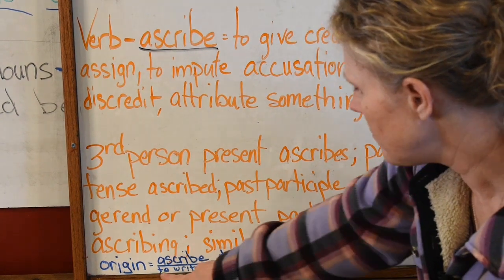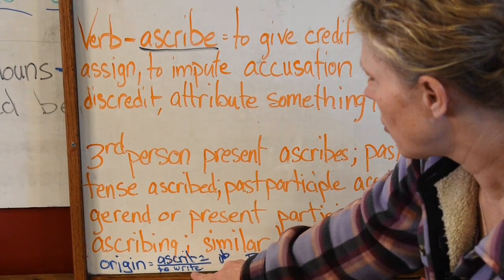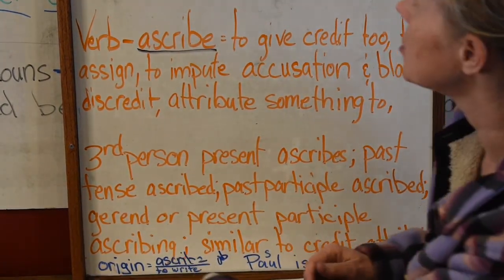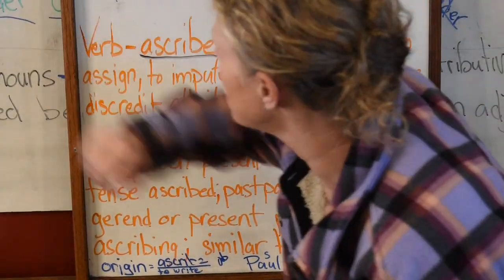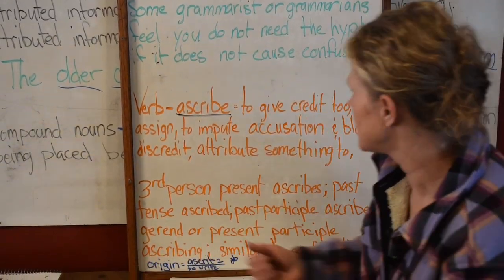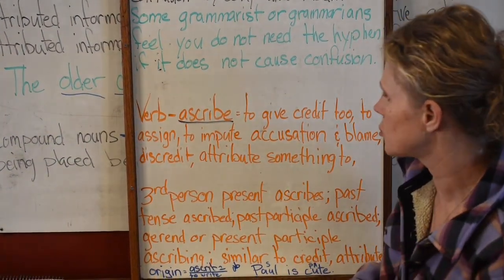So AS means to, and then the scribe means write. And so that's what this is. It's giving credit to, you're writing to something. It's helping you attribute. You're giving credit to something. You're assigning them to something. Okay? You're doing those certain things.